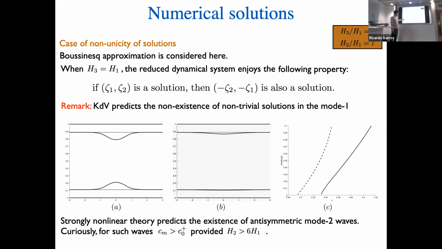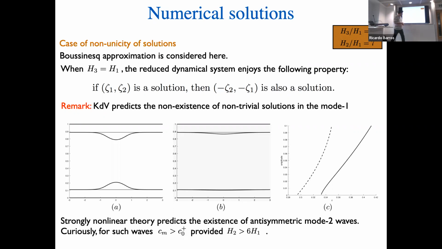But here, at the same speed and same parameters, I can have another one. This one has the features of a second baroclinic mode, in the sense that one points downwards and the other points upwards. These cannot be captured by any weakly nonlinear model because they usually decouple the modes. Here they are not decoupled.